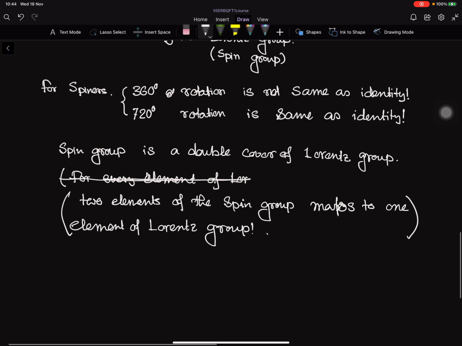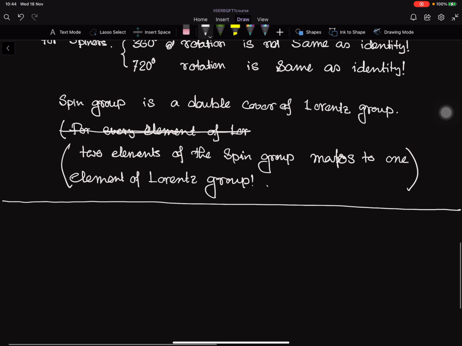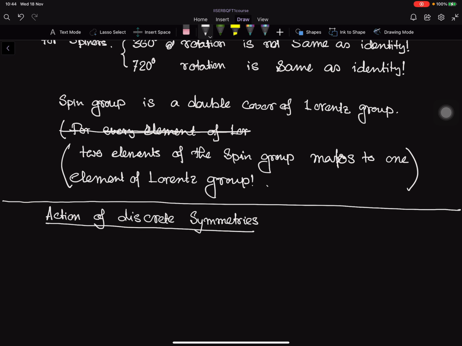Okay, now let us briefly discuss the action of the discrete symmetries. We already discussed that under parity, in general, the (A, B) representation goes to (B, A).